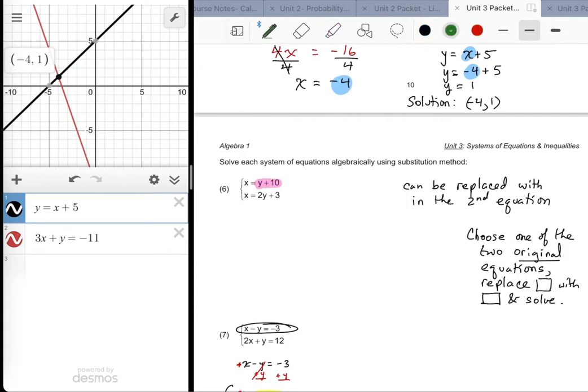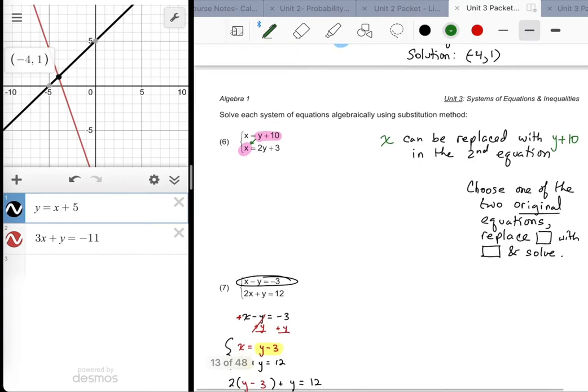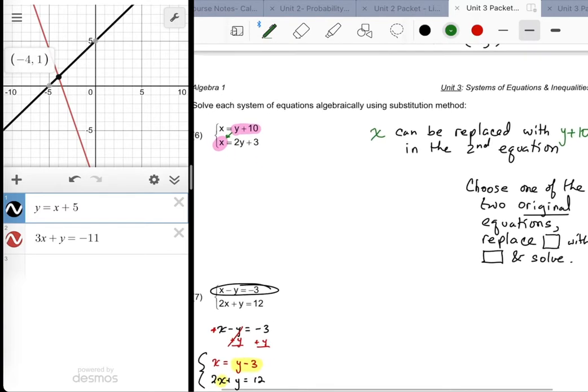What that means is that x can be replaced with y plus 10 in the second equation. So in my second equation, I can replace the x with y plus 10. So y plus 10 instead of x would be equal to 2y plus 3.